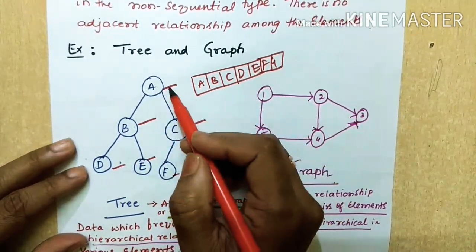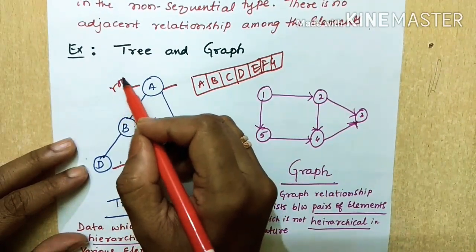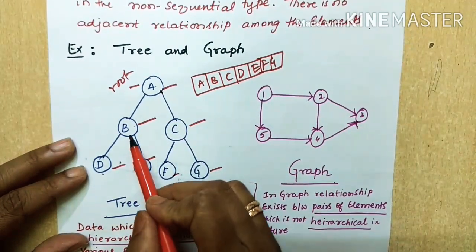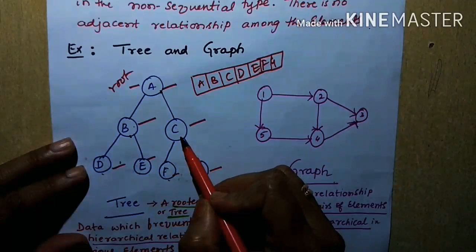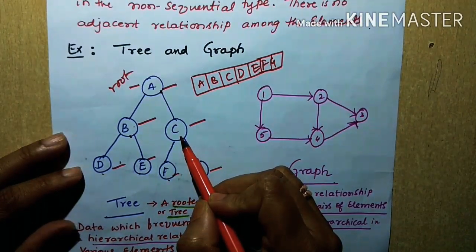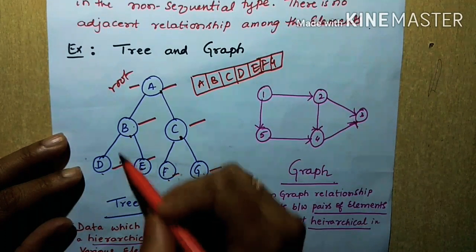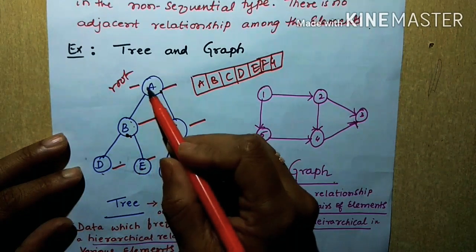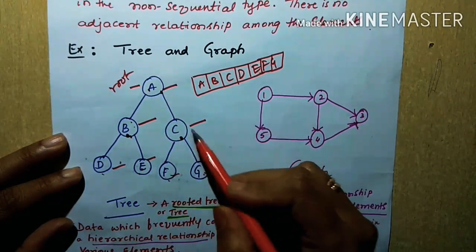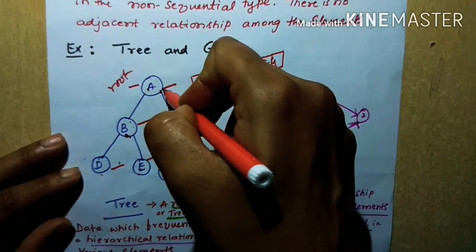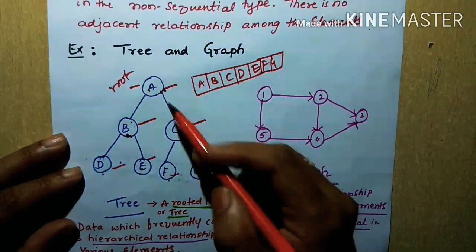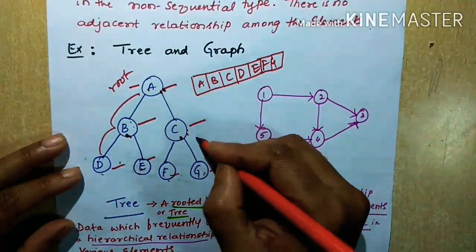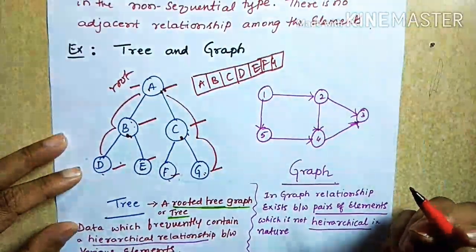A is called the root, B and C are the children of A, D and E are the children of B, F and G are the children of C. So D and E are followed by B, and B is followed by A; F and G are followed by C, and C is followed by A. This is called a hierarchical relationship.